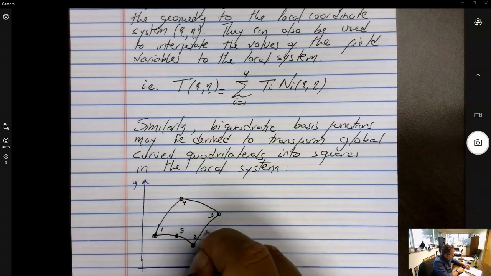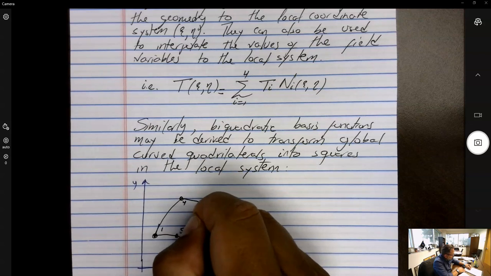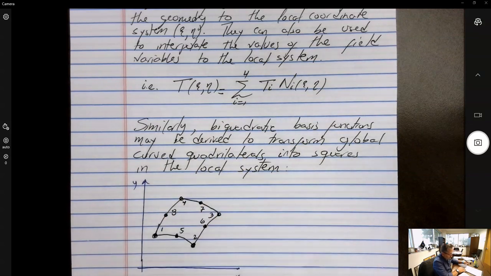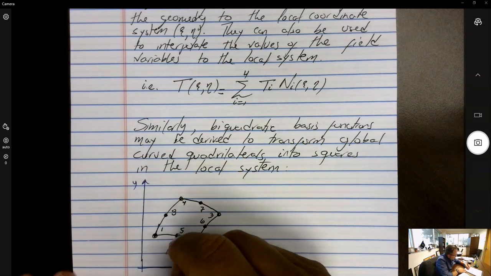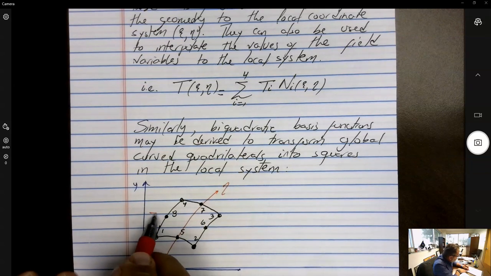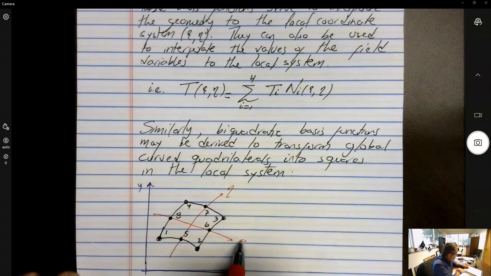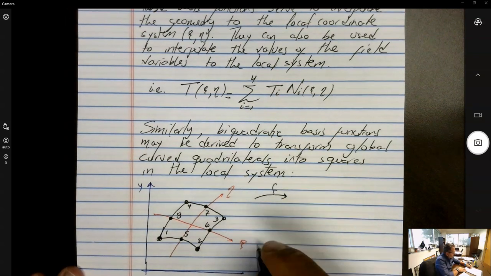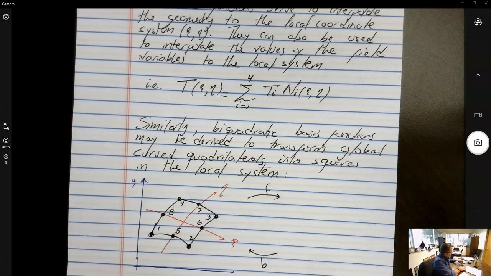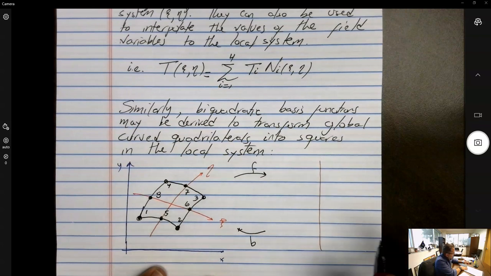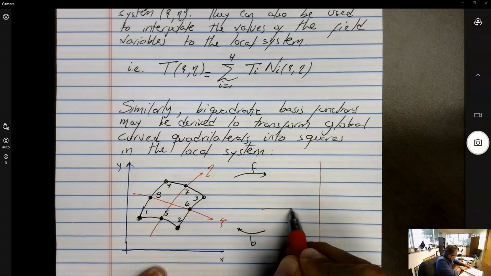This will be node 5, node 6, node 7, and node 8. So the coordinate eta will go through here, and the coordinate psi will go to here. So we'll produce a forward and a backward transformation, so that in this coordinate system, this curved element will look like a perfect square.